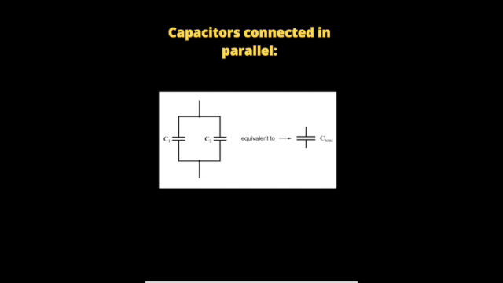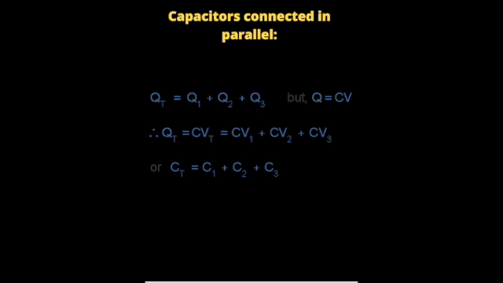When we have a parallel arrangement, we can reduce it into a smaller capacitor. This is called equivalent capacitance. So if we are analyzing a circuit with the capacitors connected in parallel, we have to start with the formula Q equals C times V, which is the formula I have already showed.